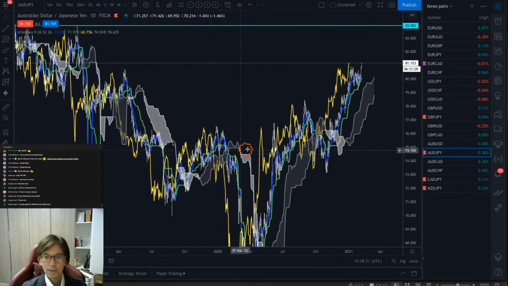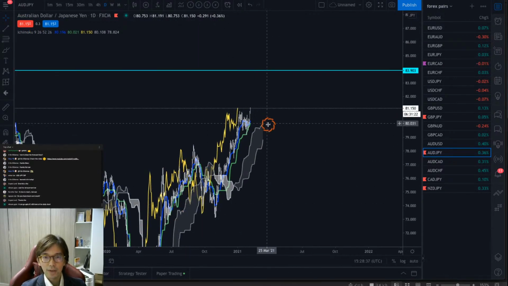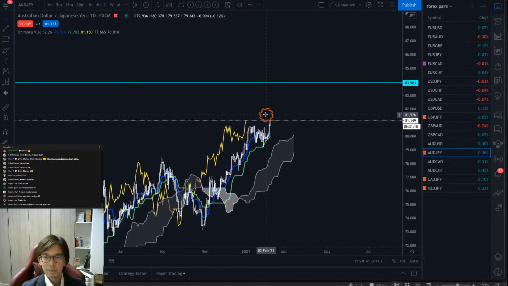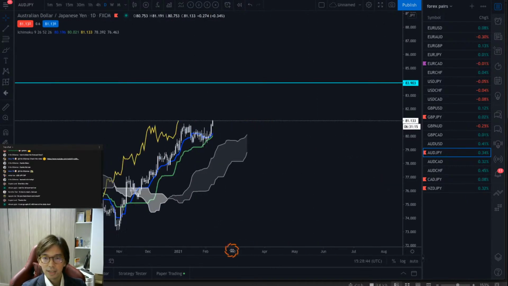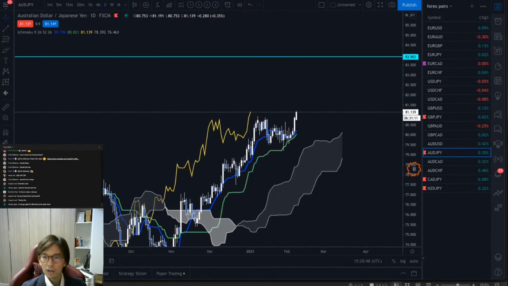So yeah, after this crash, the market went up. Now consecutive N waves, and the market continues to grow upwards. And recently, it broke the previous high, and all the Kumo lines, Ichimoku lines are showing an uptrend, and I say that this is nice timing to buy.